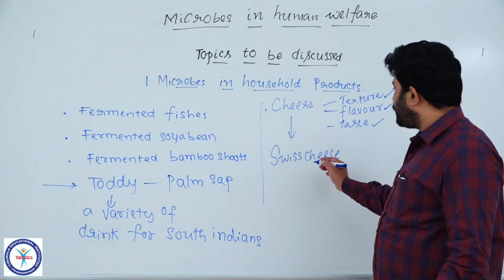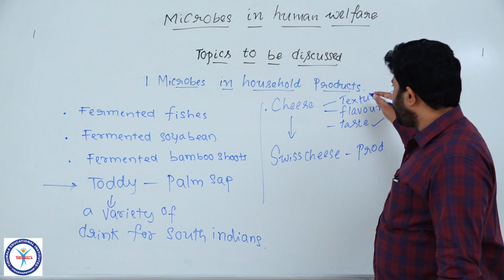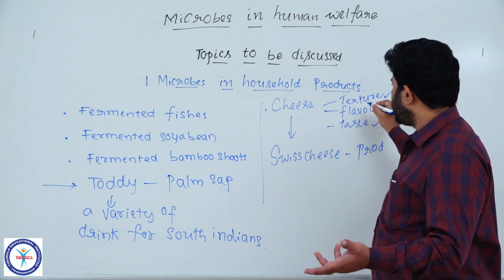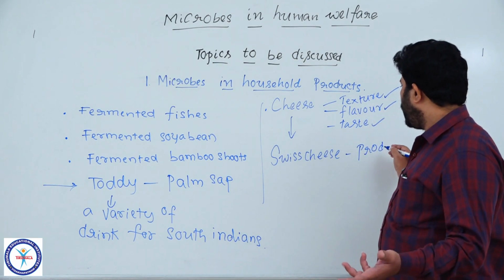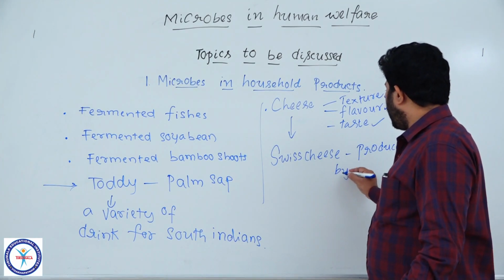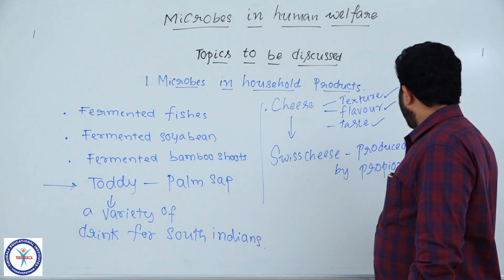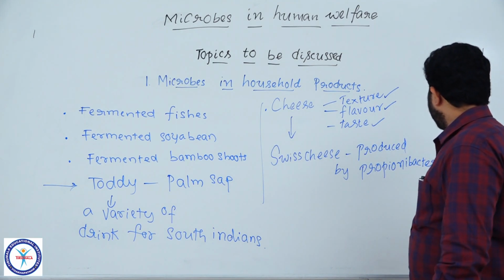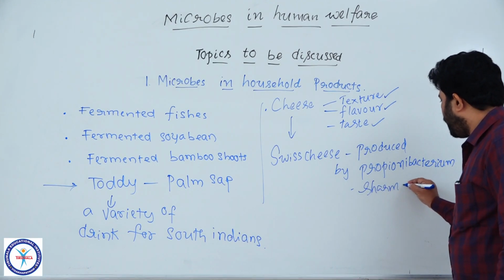Especially if you want these favorable factors like texture, flavor, taste, we add a bacterium called Propionibacterium shermanii.